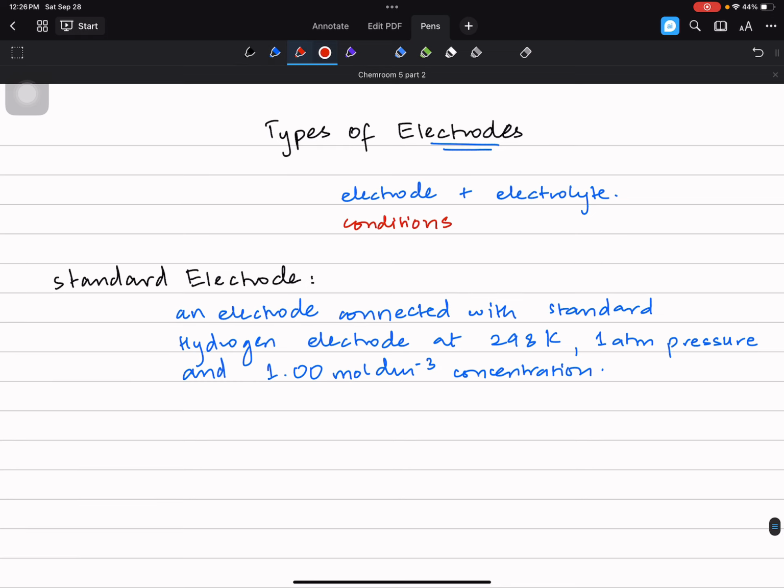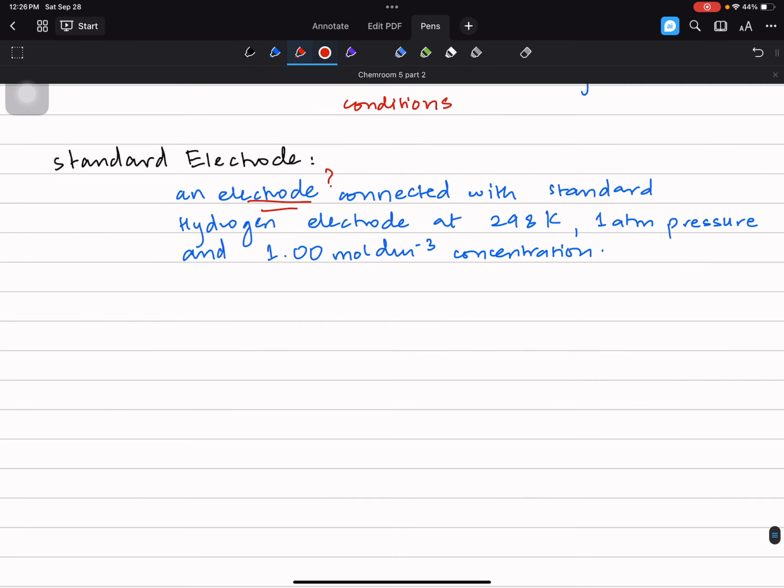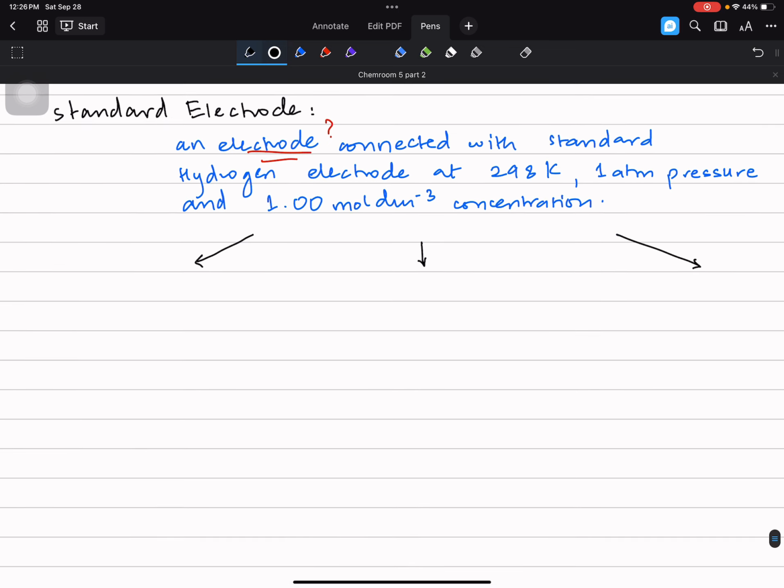Moving on. When I say electrode, what do I mean by that? I have basically three categories of electrodes, which can obviously be standard electrodes if the conditions are perfect. The first is a metal ion electrode, where a metal is in equilibrium with a metal ion.